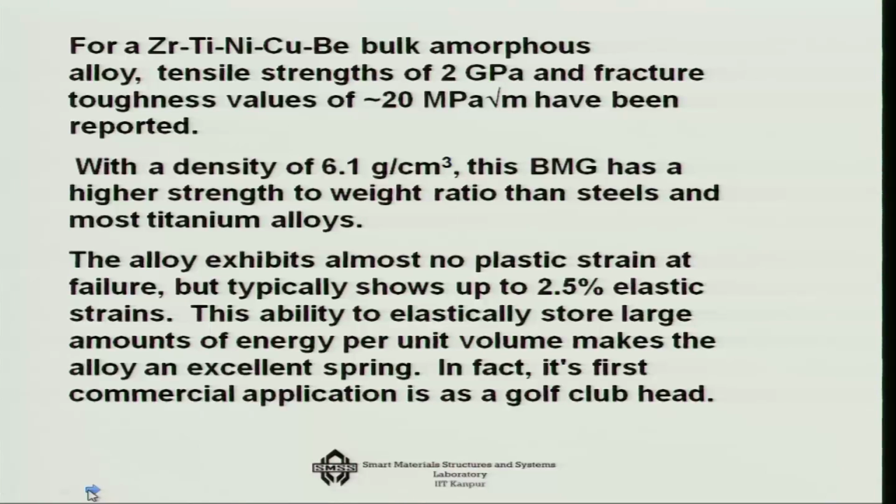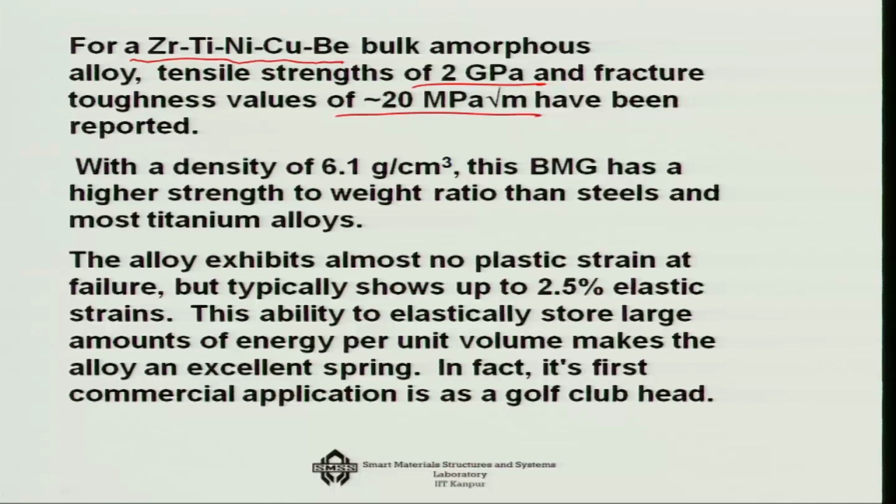This is one of the examples: if you use zirconium, titanium, nickel, copper and beryllium in a mix, and then use this rapid cooling technique, you get a tensile strength of about 2 gigapascal and a high fracture toughness of 20 megapascal square root meter, and the density is much lower. That is another advantage of an amorphous state.